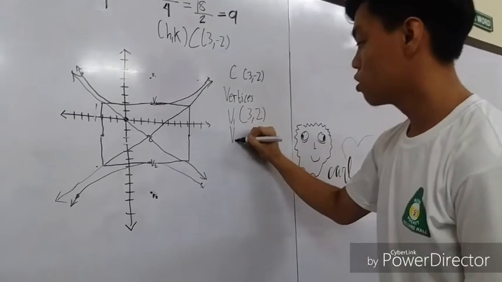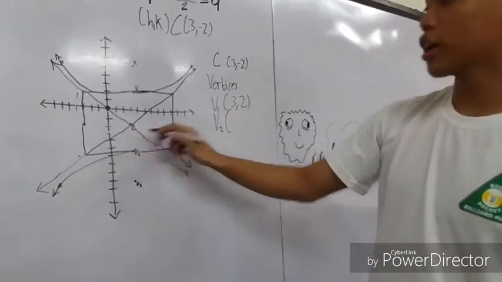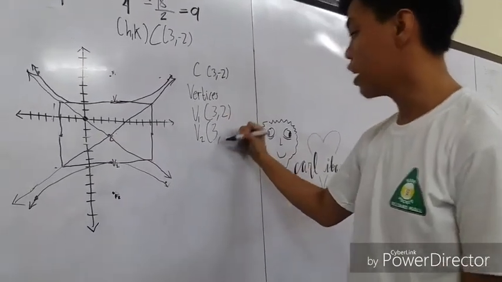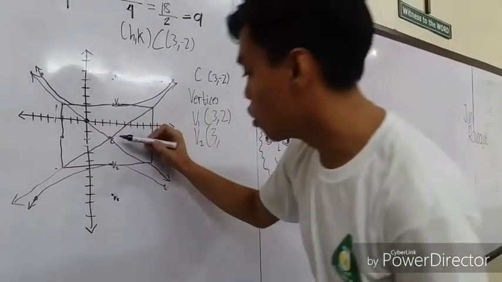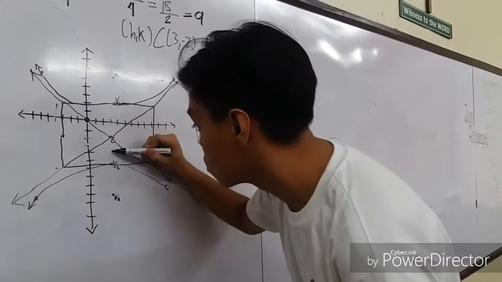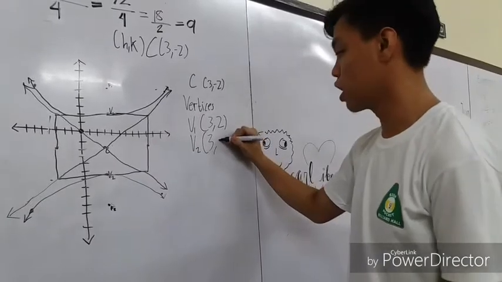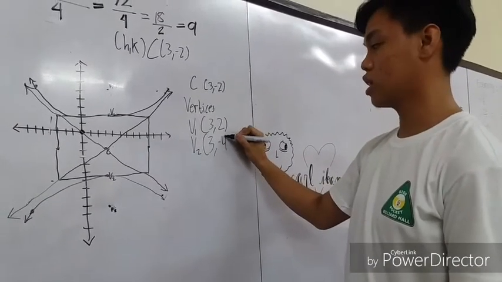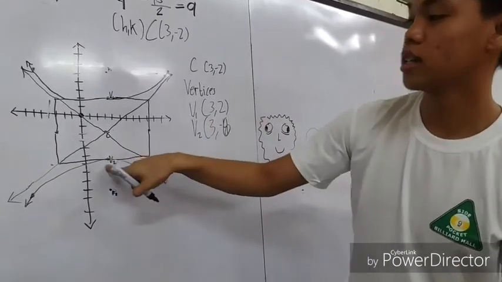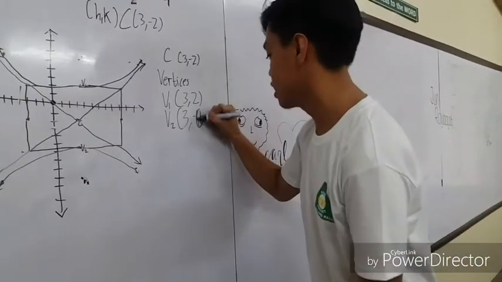For V2, it's the same 3, and going down, 1, 2, 3, 4, so negative 4, then 6.